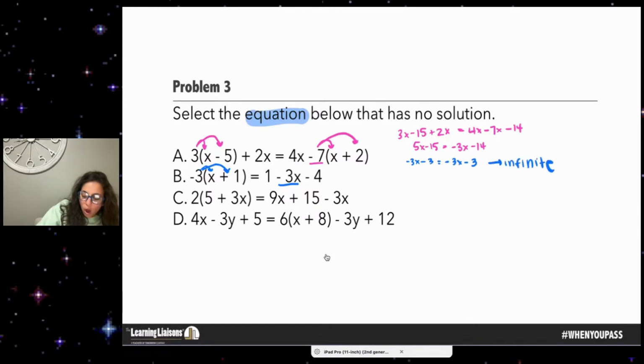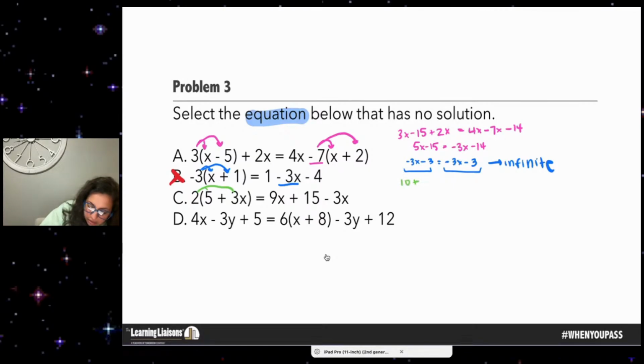No matter what I plug in for x, it's going to give me the same answer because this side is exactly the same as this side. I don't need to finish solving that. So I know that B has a solution. It's literally infinite solutions.